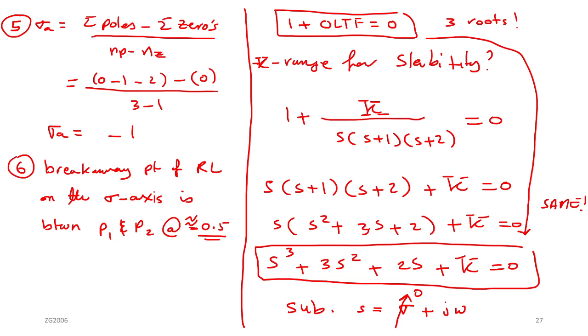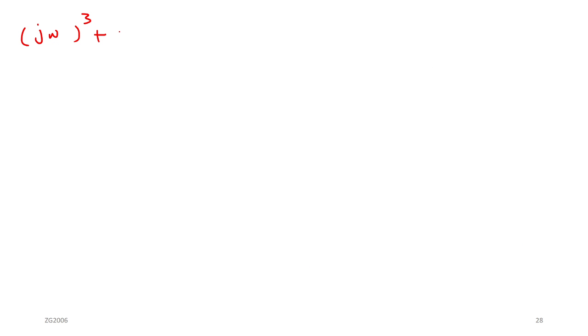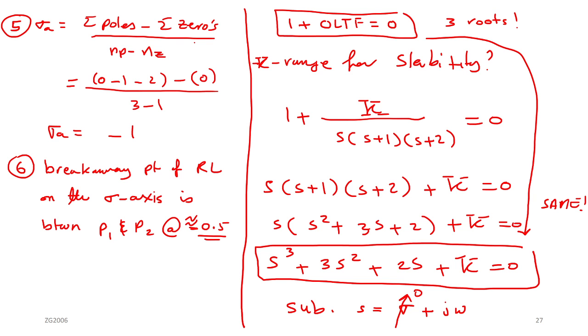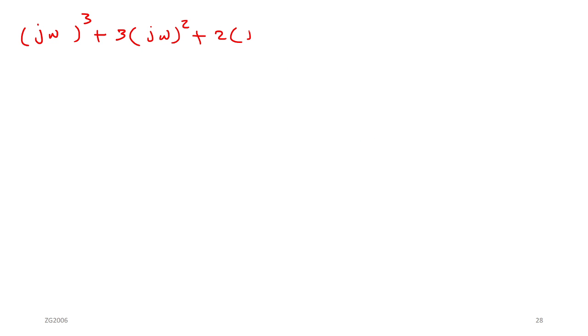So this is going to be J omega cubed plus 3 J omega squared plus 2 J omega plus K equal to 0.